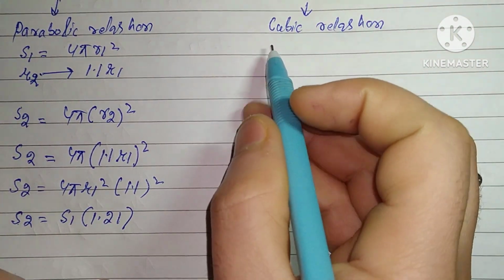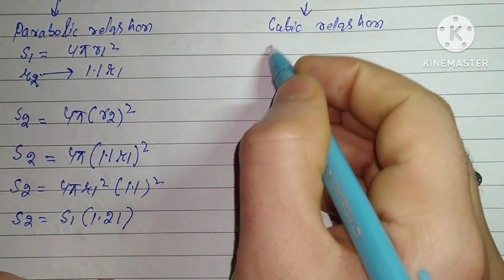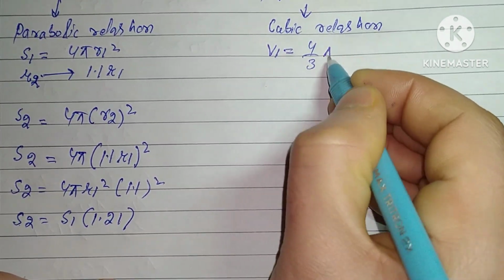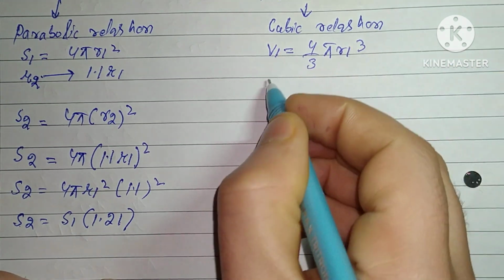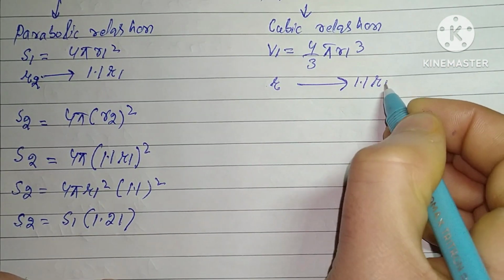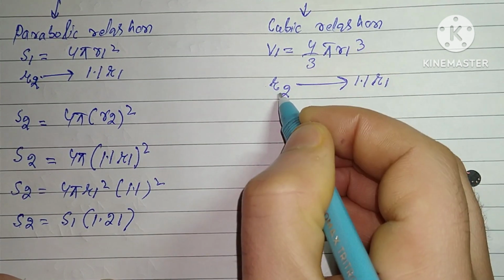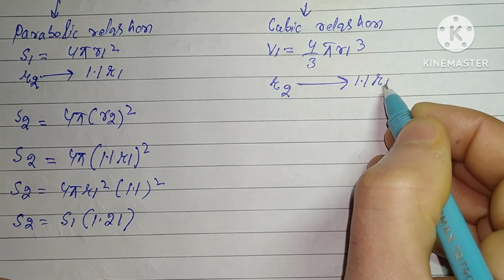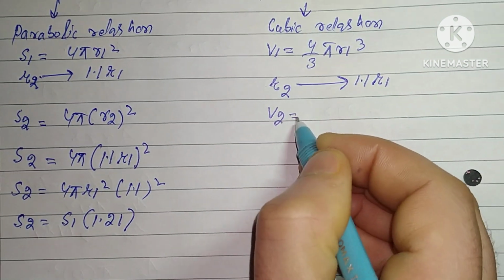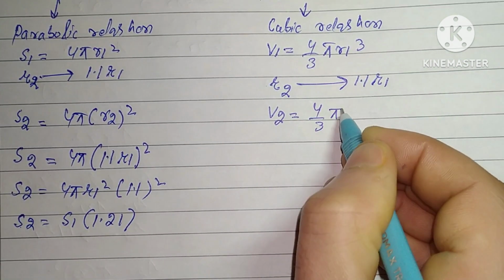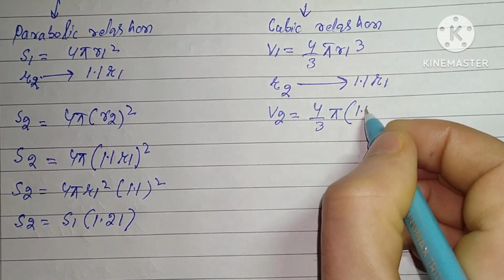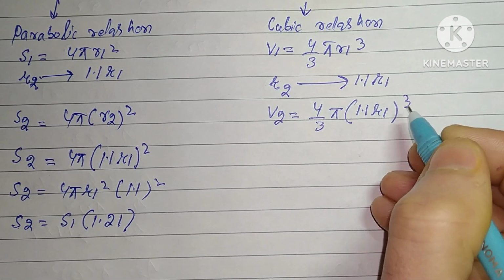Now, volume of the sphere. Let us take original volume is 4 by 3 pi r1 cube. If radius increases by 10%, it will be 1.1 times r1, and it is new radius. New radius becomes 10% more than original radius, and the new volume will be 4 by 3 pi, these are constants, and radius will be r2, 1.1 times r1 cube.